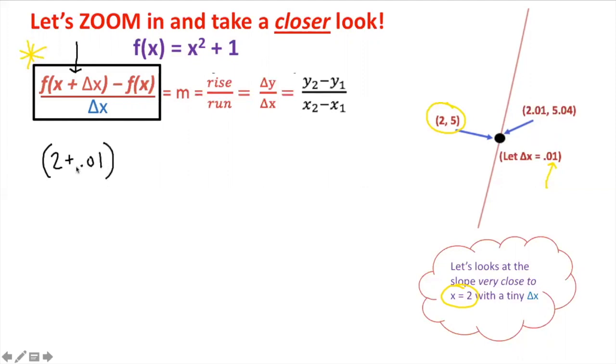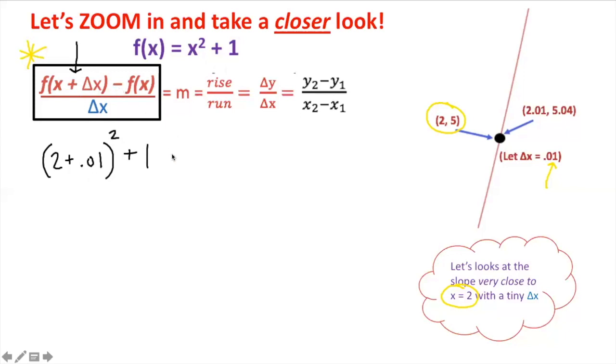Here is the value 2, since we're looking at the speed at x equals 2, and I'm adding in this small delta x of 0.01. I have to square that because we're looking at x squared, and then plus 1 was also part of the function.